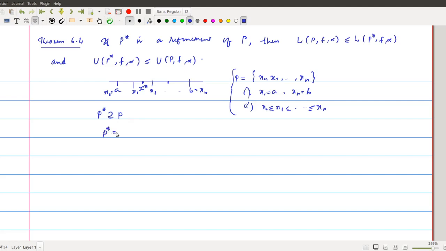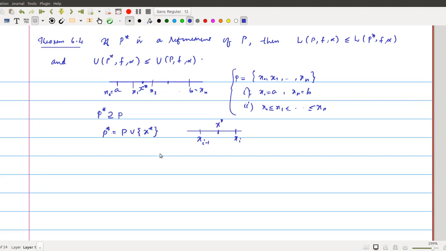P star will be P union the extra point x star. Since x star is a point of this P star, it will be in some of the subintervals of P. So we name it x_{i-1}, x_i. If we choose such a subinterval, then x star is assumed to be here.